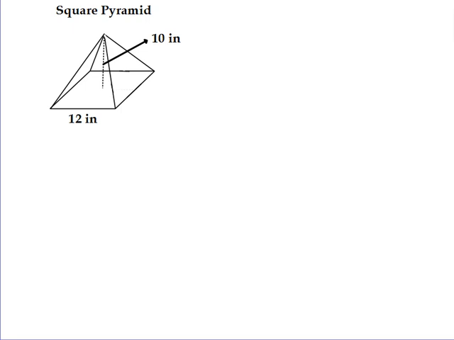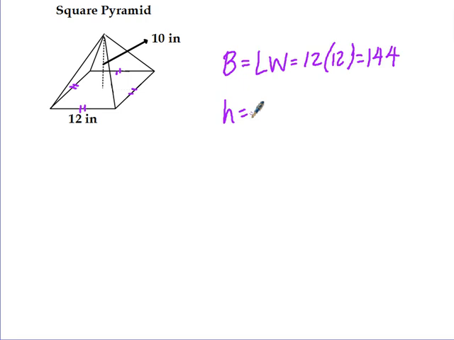So our first one here, we can see it's a square pyramid. So since it's a square pyramid, that means our base is a square, so all these sides are going to be the same, so they're all going to be 12. So capital B is just length times width, so 12 times 12 is 144. And then your height, now that's going to be the height from the middle of the base.